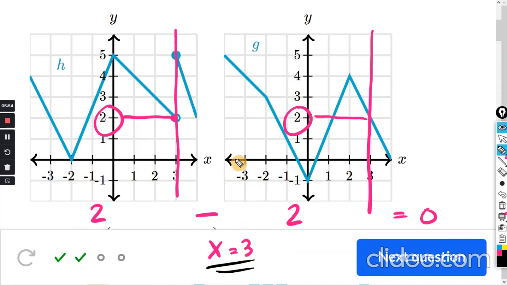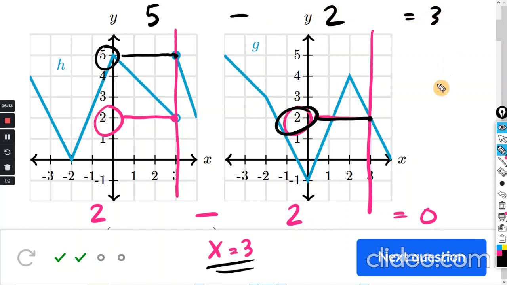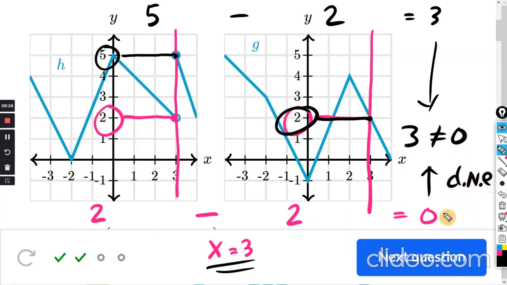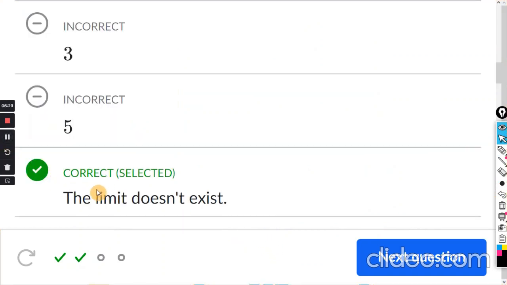From the positive side, I land right here. That's 5. On the other, from the positive side, I land right here. That's 2. 5 minus 2 equals 3. And we can see that we got 3 and 0. 3 does not equal 0. So now it is DNE, does not exist. I got it correct, but I really didn't do it the proper way 100%.